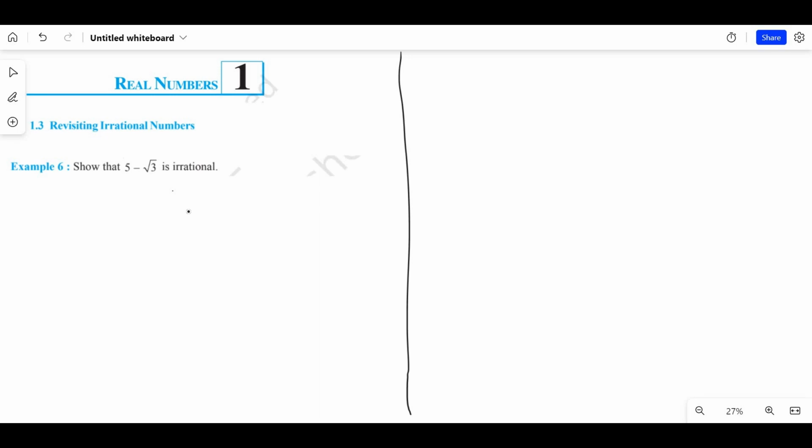So let's write, let us assume to the contrary that 5 minus root 3 is a rational number.